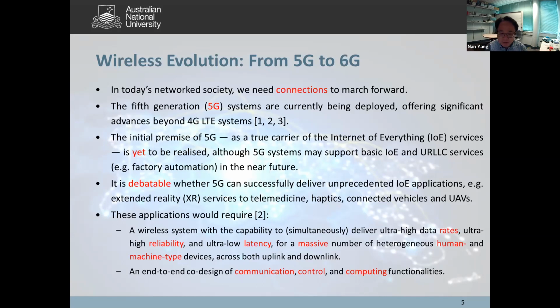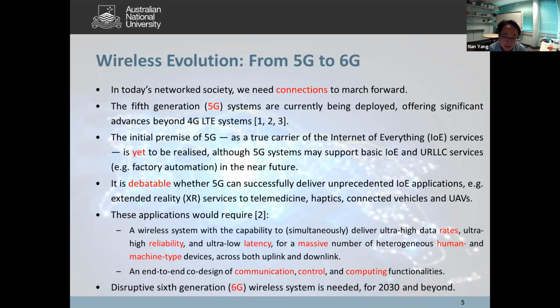At the same time, we need a wireless system with an end-to-end design, jointly considering the functionalities, not only communication, but also control and computing and other functions. So these applications are actually beyond the capability of 5G.